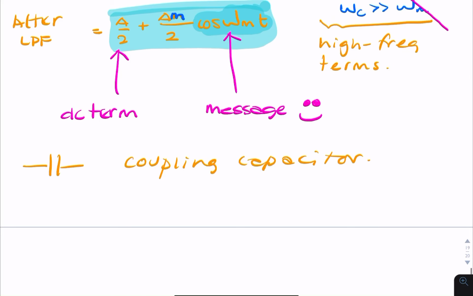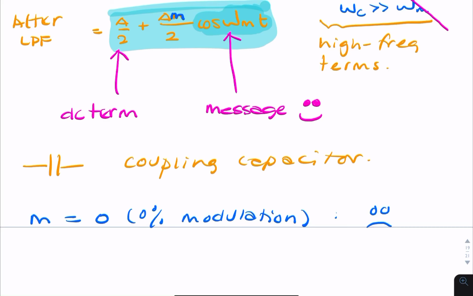So consider two cases. If m is 0, that's 0% modulation, then we still have nothing to recover. So if m is 0, there's no modulation, and even a synchronous demodulator would be unable to recover our message.